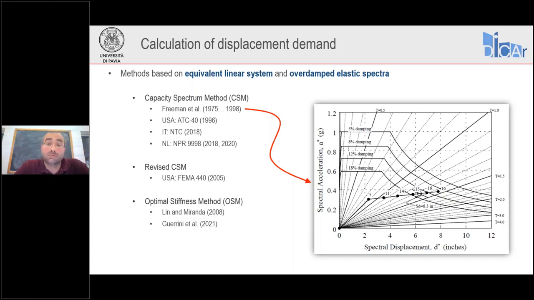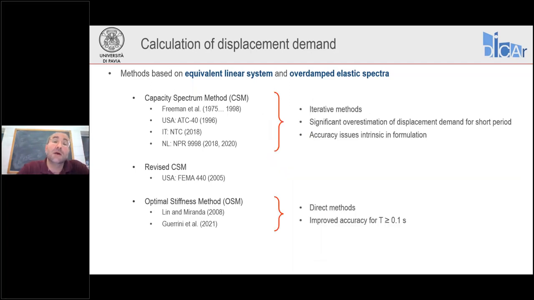And to overcome some problems with these methods, we have also the optimal stiffness method, more recently developed, that again solves some issues with this method. What are these issues? Well, first of all, the capacity spectrum method is iterative, but the problem is that it usually leads to significant overestimation of the demand, especially for short period systems like masonry structures.